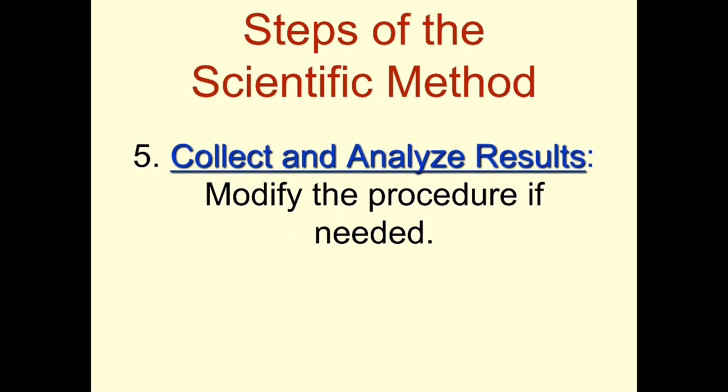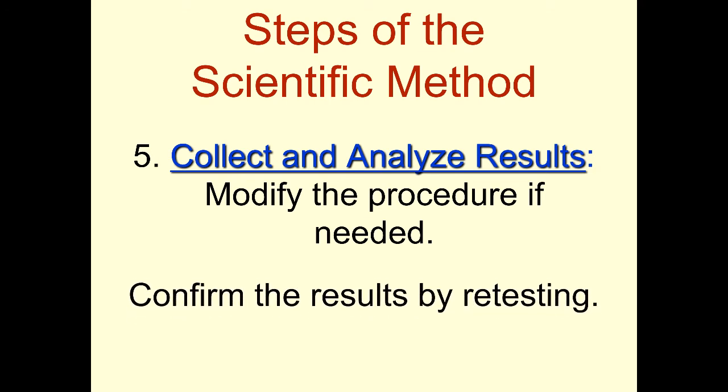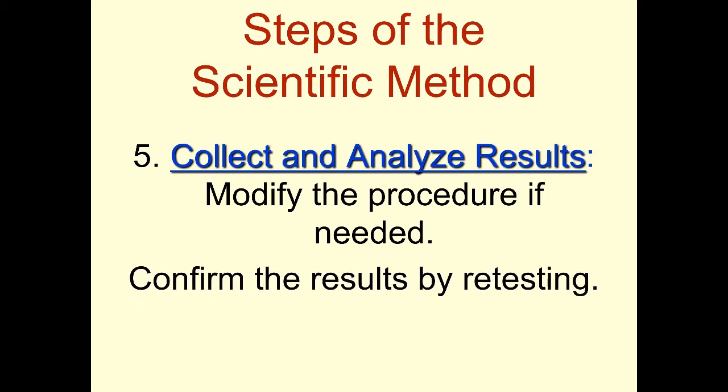Once you perform the experiment, you will collect the data and analyze these data. If the experiment doesn't work the way you want it to, you may have to modify your procedures. Usually you do not do just one experiment, but you'll do a series of 3 to 6 to 8 or 10 experiments to make sure that your results are consistent.